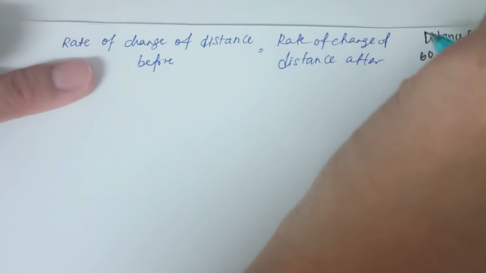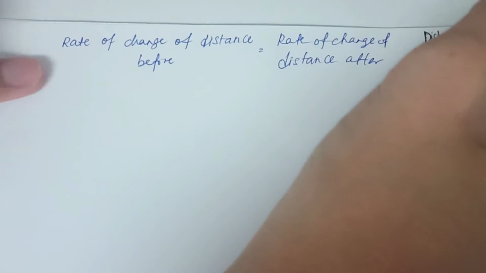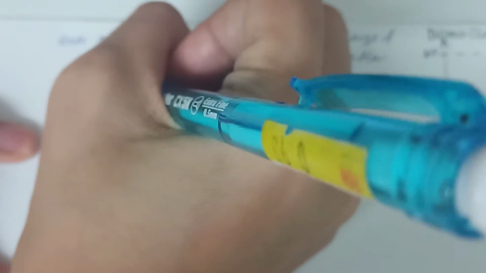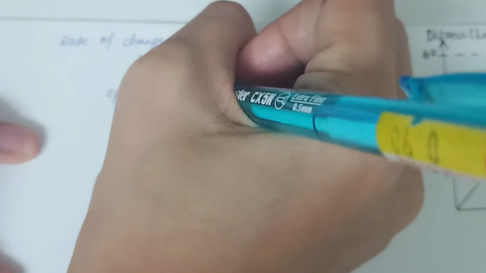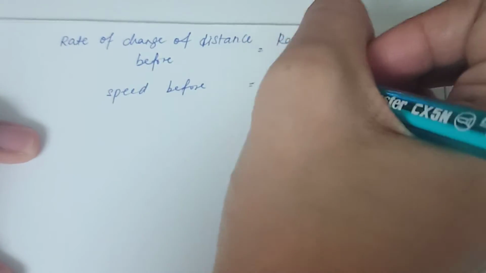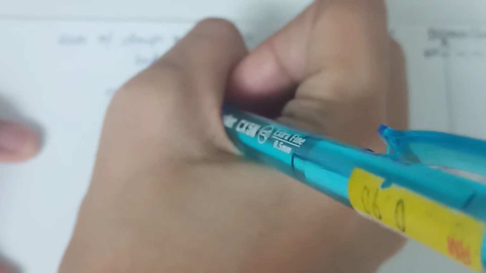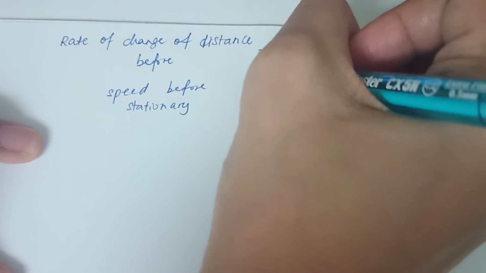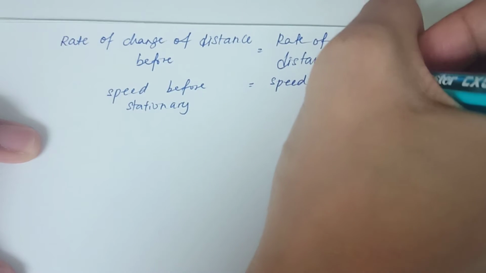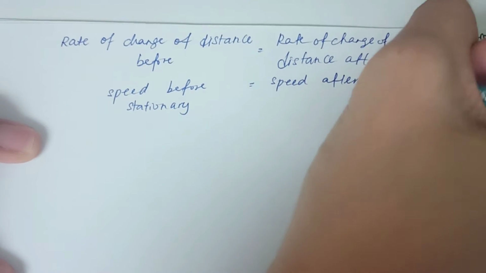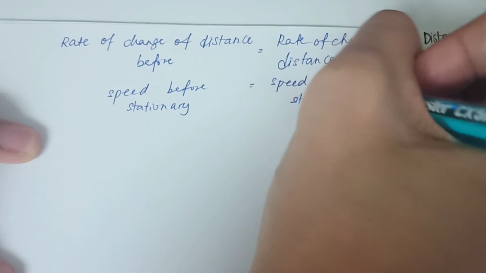Rate of change of distance before equals rate of change of distance after. So that means speed before the stationary period is equal to speed after the stationary period.